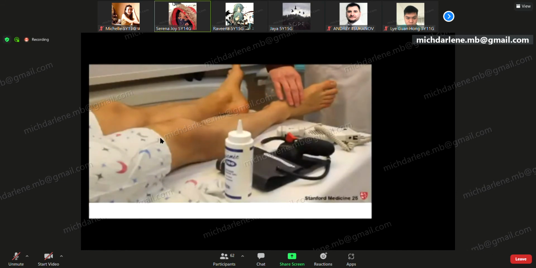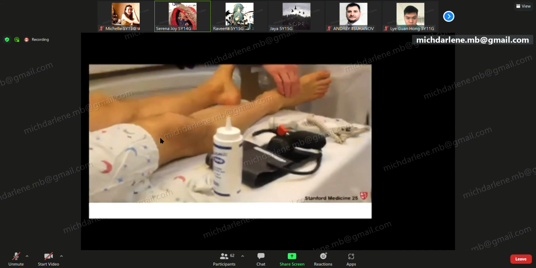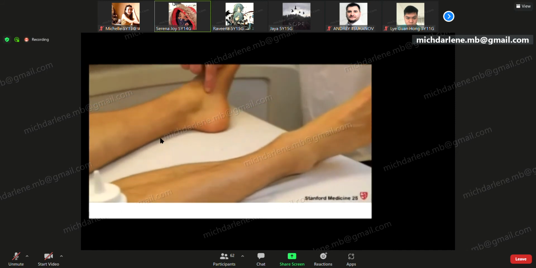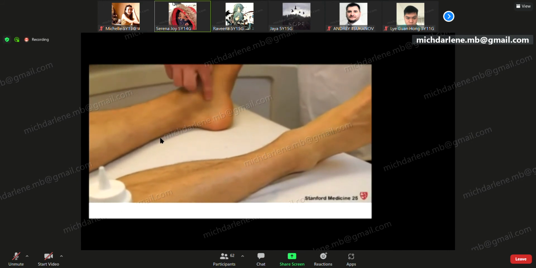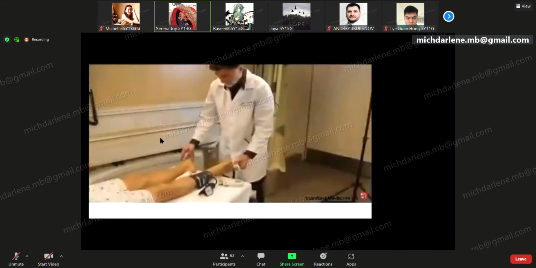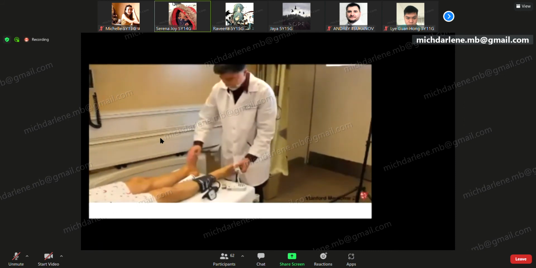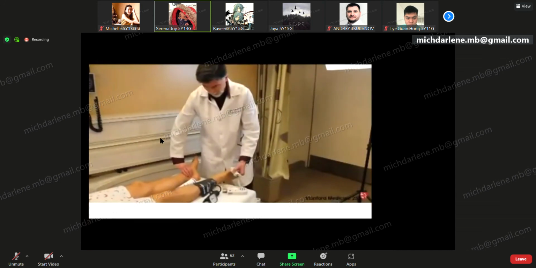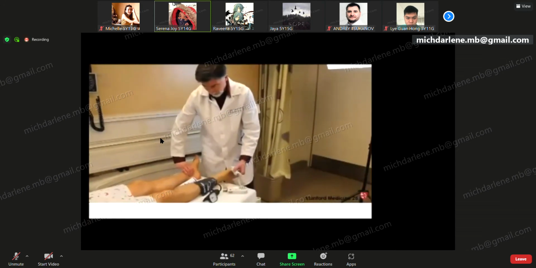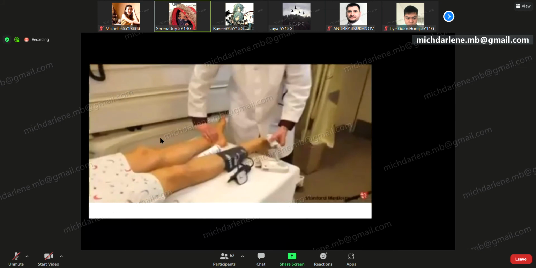So two vessels in the foot. One is the dorsalis pedis, which is right about here, where my finger is. The posterior tibial is right behind the medial malleolus. If you can't feel the dorsalis pedis bilaterally, it could be normal. That could be a normal finding. But you should always be able to feel a posterior tibial artery. If you can't feel the posterior tibial artery, that's always abnormal.